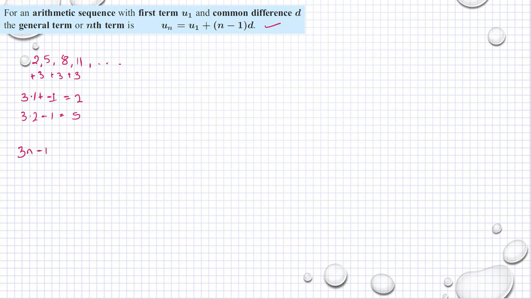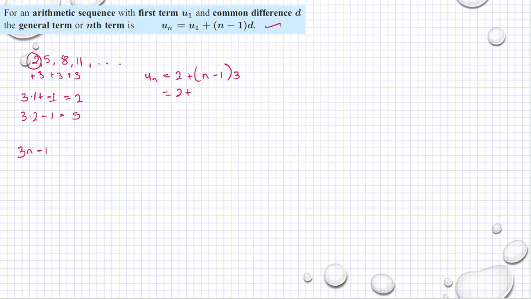But according to this definition, we can also find the general term. For example, u sub n is equal to the first term, 2, plus n minus 1 times our difference, 3.